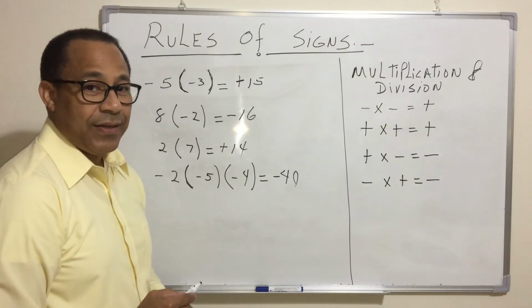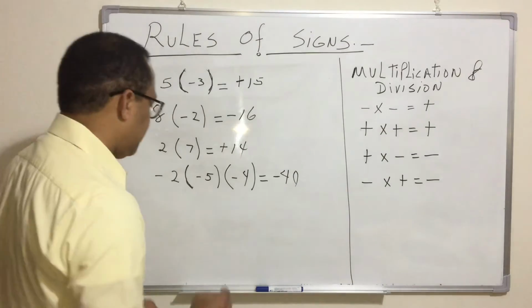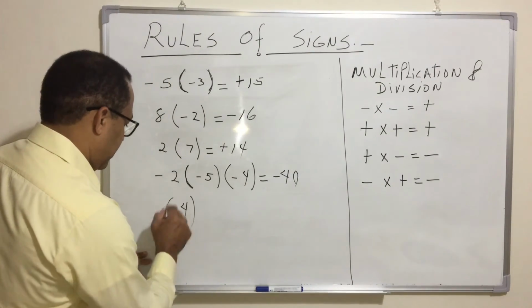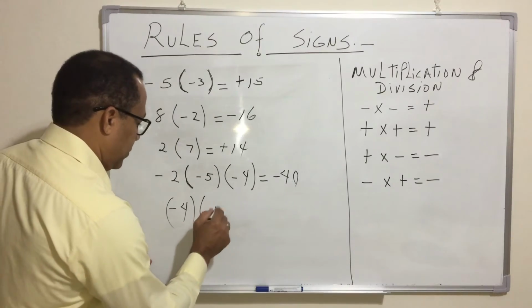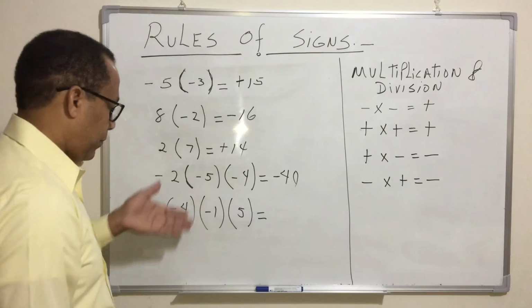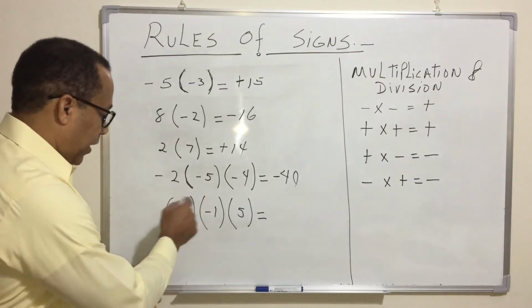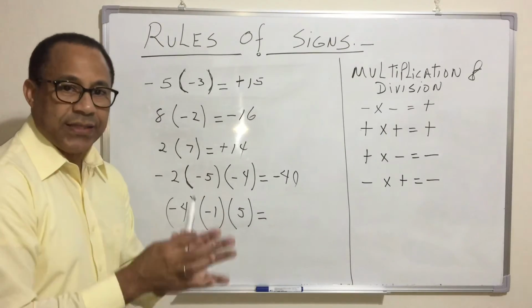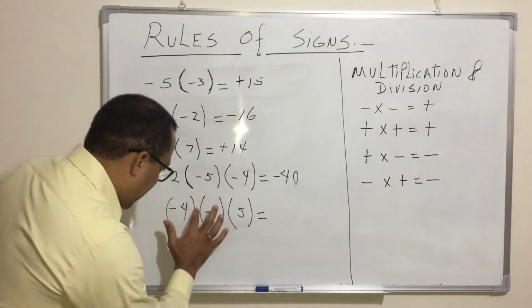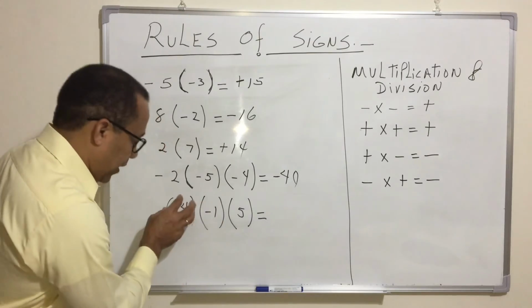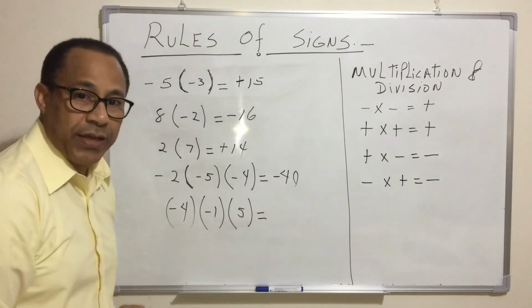And our last example, it's another way. The negative 4 is in parentheses. The 3 numbers are inside parentheses, and there's no sign between them. There's no sign, so it means that these 3 numbers are multiplying.